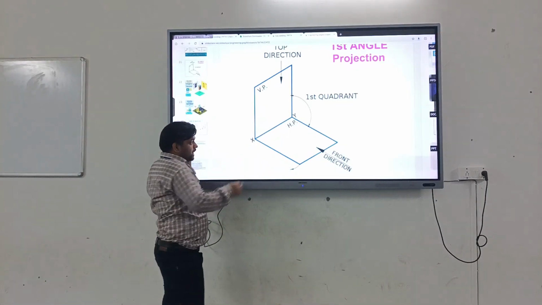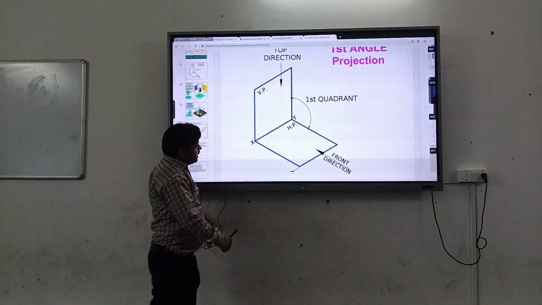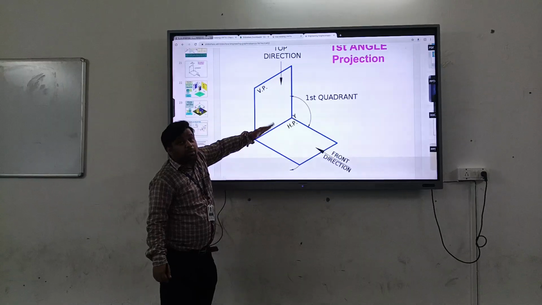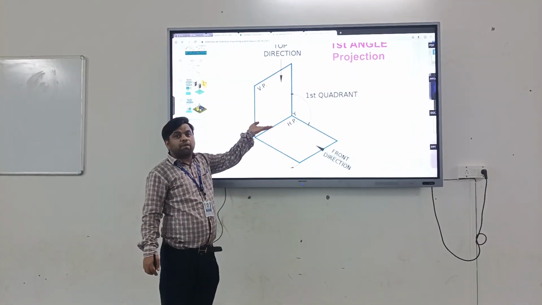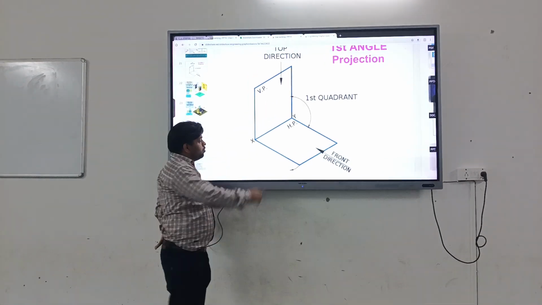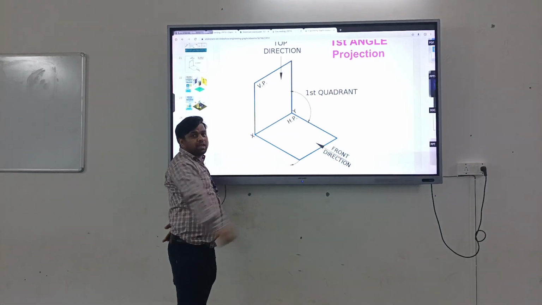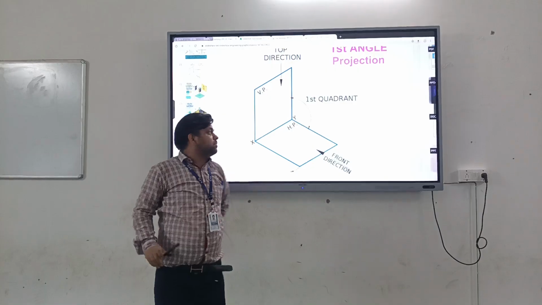But in 2D, the HP will be below the XY line and the vertical plane will be above the XY line. So the top view will be below the XY line and the front view will be above the XY line.